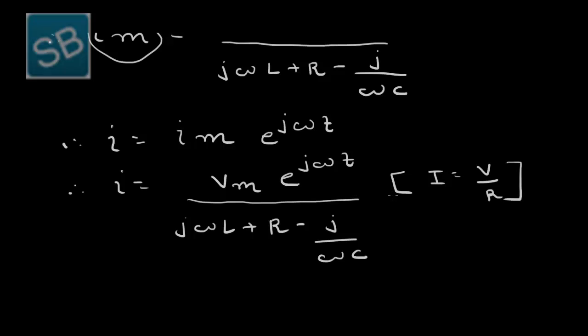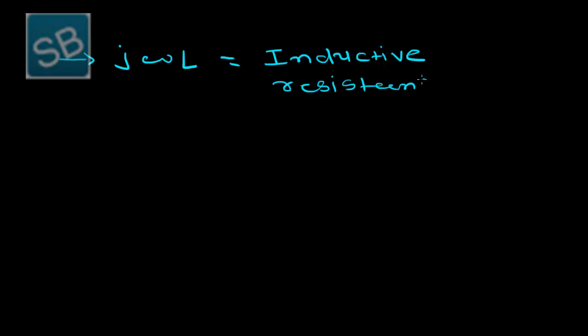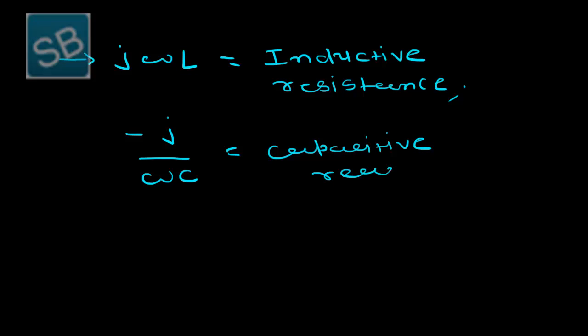Now if you want to find the two quantities arriving in the solution, the first is j omega L. Here the frequency is included, inductance is included, and both quantities are multiplied with one imaginary number, and this quantity is known as inductive reactance. Also, another quantity of the form minus j over omega C is called the capacitive reactance.